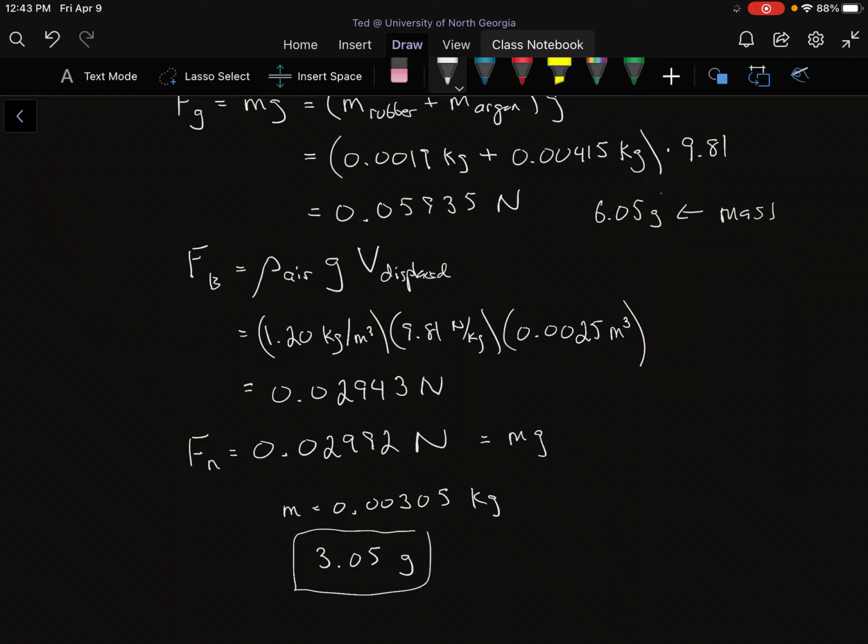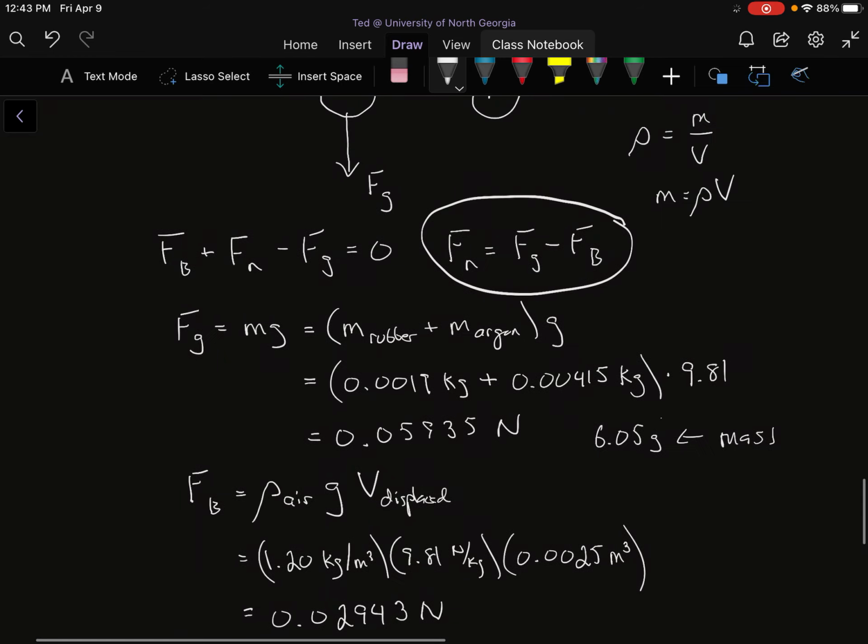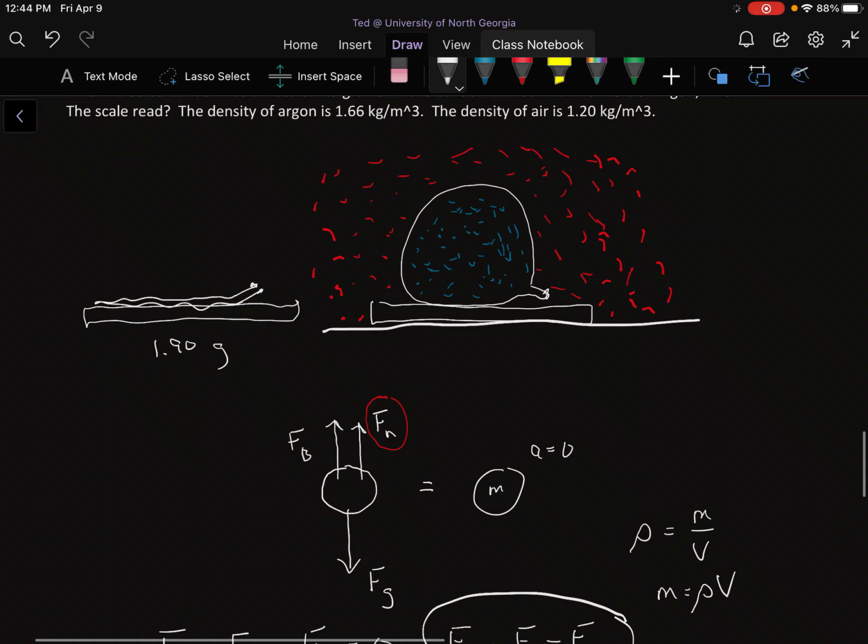Interestingly, if we filled the balloon up with air, just regular air, it would still weigh 1.9 grams on the scale, because the extra air inside the balloon would add some weight, but the buoyancy force would be lifting up on the balloon just as much as the air inside the balloon is creating extra weight.